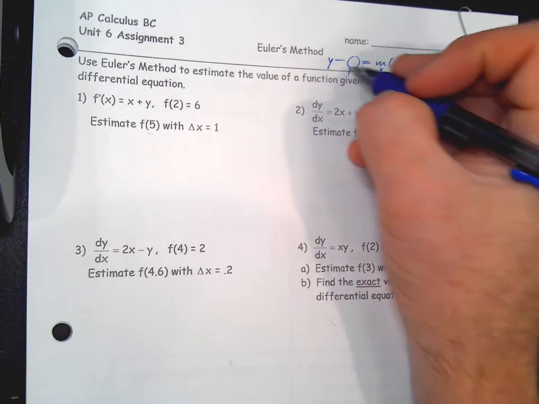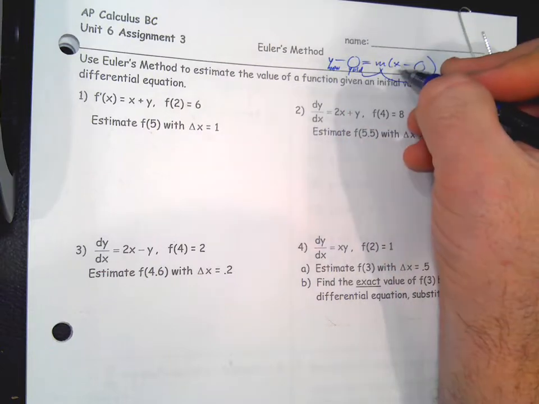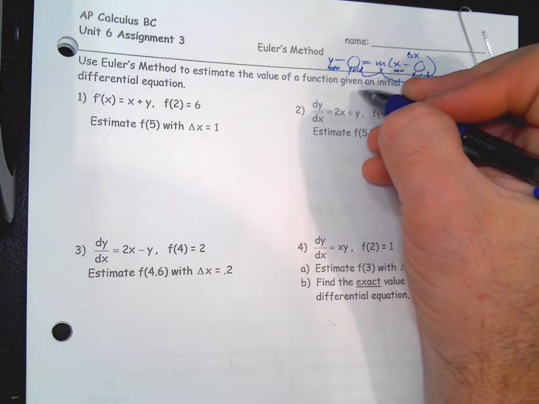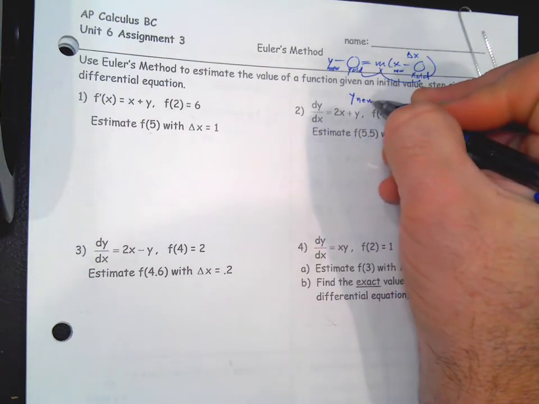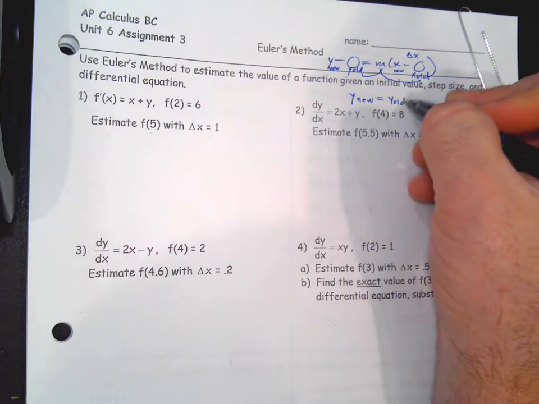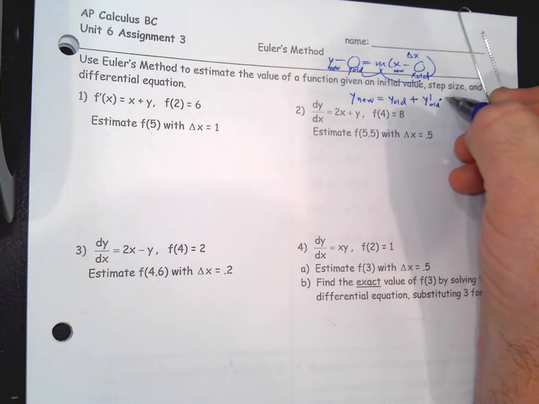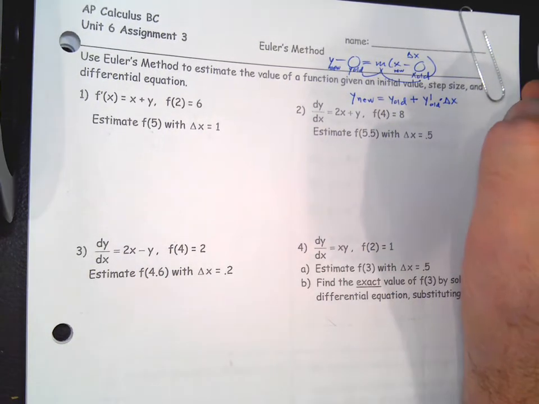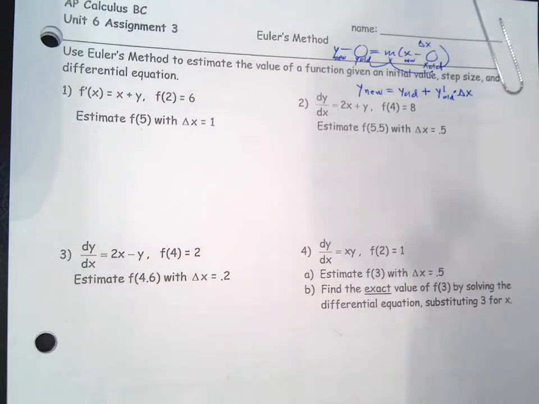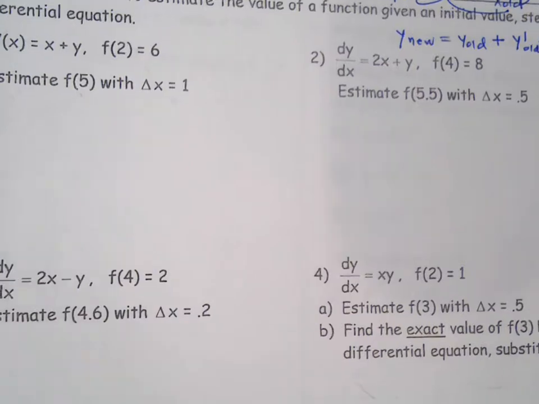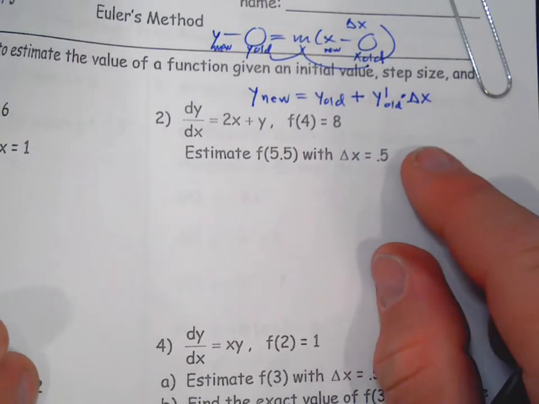So this is y new, and this is x new. And then this is going to be delta x. So if I rewrite this, y new equals y old plus y prime at the old spot times delta x. You've got to be able to do that if you're going to do this table. Otherwise, you're going to be doing that anyway, just a bunch of separate times.